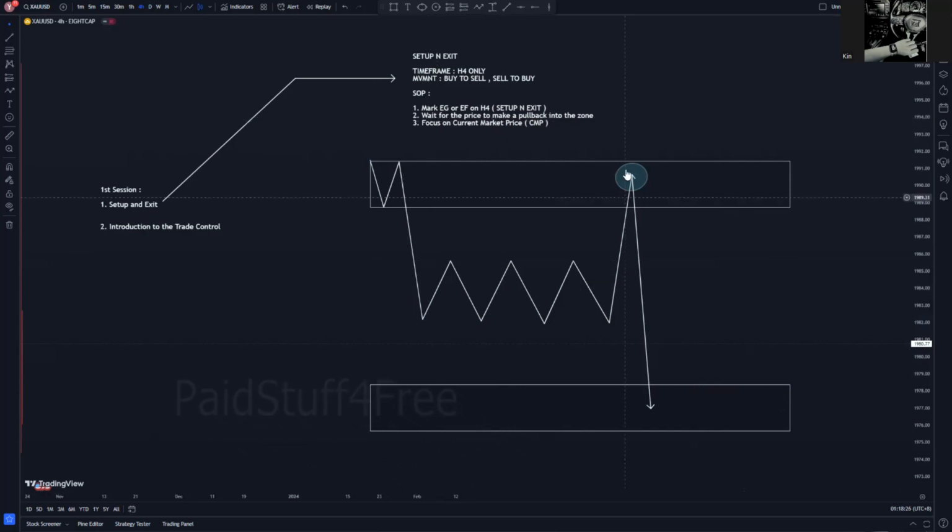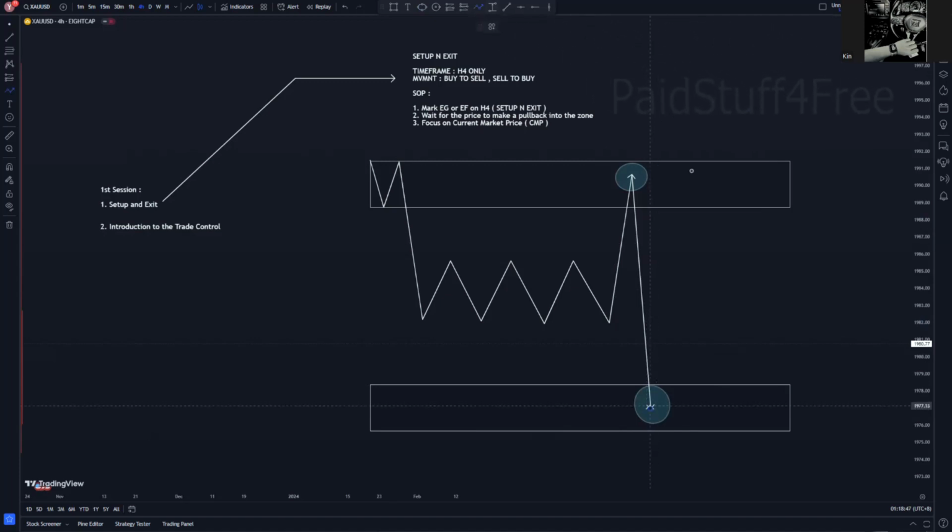The third SOP is to focus on the current market price. Where will it be? It's going to be over here. Get it? From the buy zone, the price is going to exit on the sell zone.